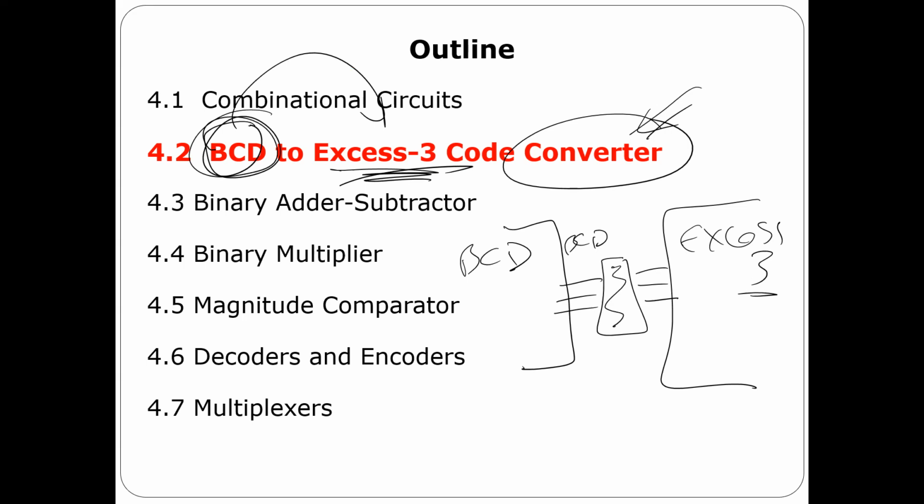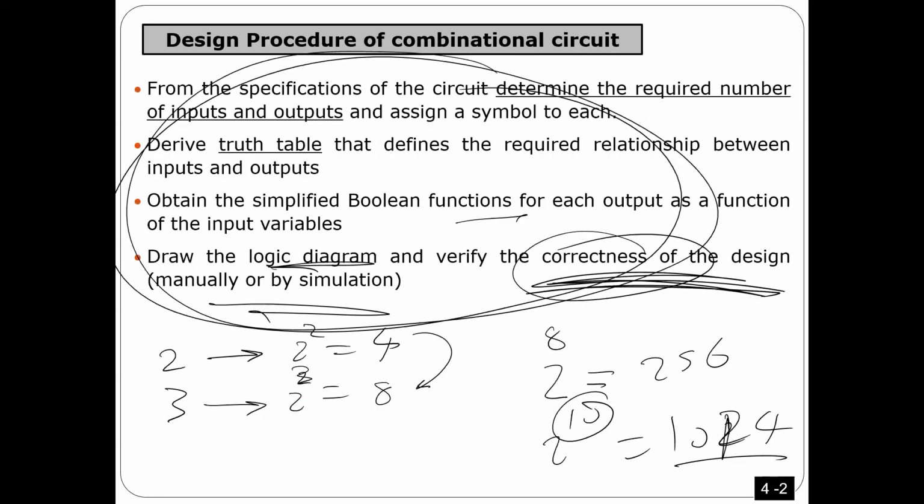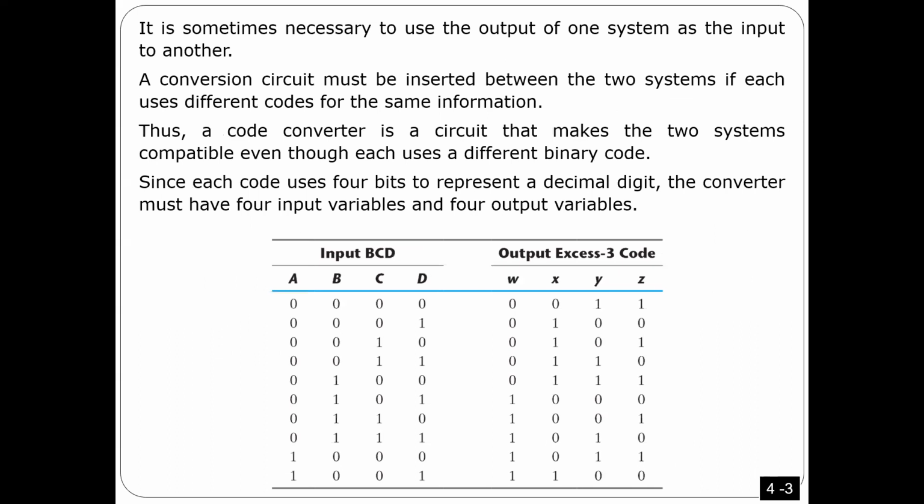So let me tell you what BCD is. You already know what BCD is and what Excess-3 is. Because this is just a very simple circuit, I'm going to follow these steps, and again, these steps are not different from what we have done so far in this course. So let's start here.